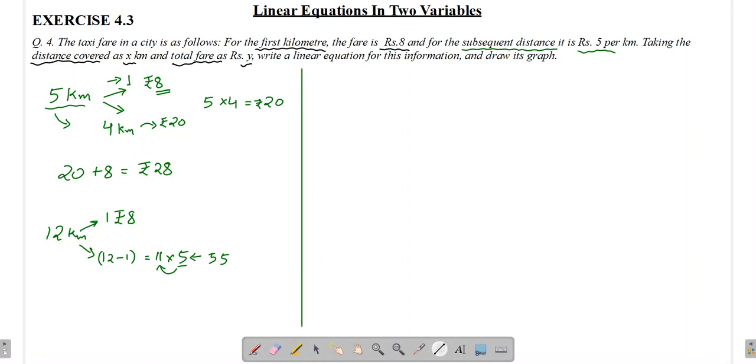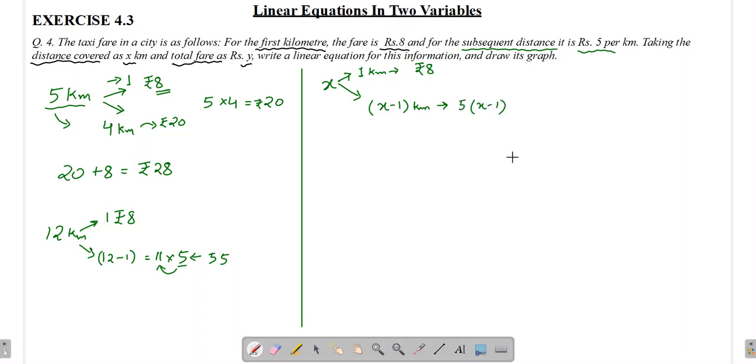Now using this, in the question it is said that the total distance traveled by the taxi was x kilometers. For the first kilometer the fare is rupees 8. So we have paid 8 rupees for the first kilometer, and now how much distance is left? The left distance is x minus 1 kilometer. For this, the fare will be 5 times (x minus 1).